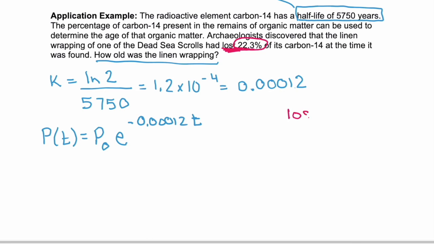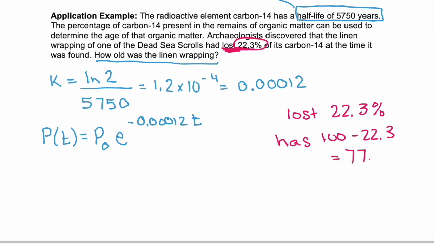So if it lost 22.3%, it has 100 minus 22.3, or it has 77.7% present. So that means 77.7% of the initial amount is what is left.